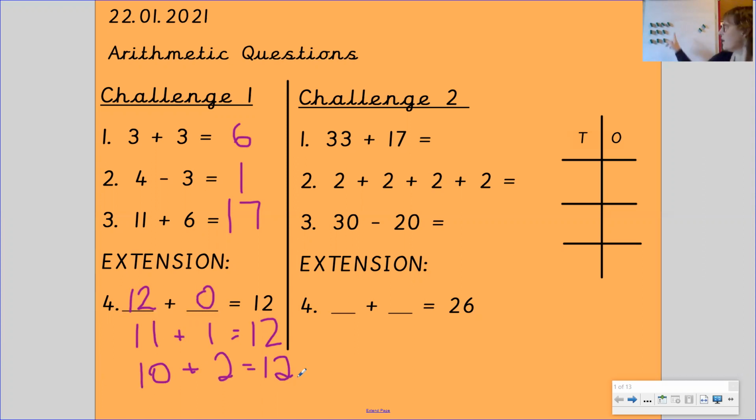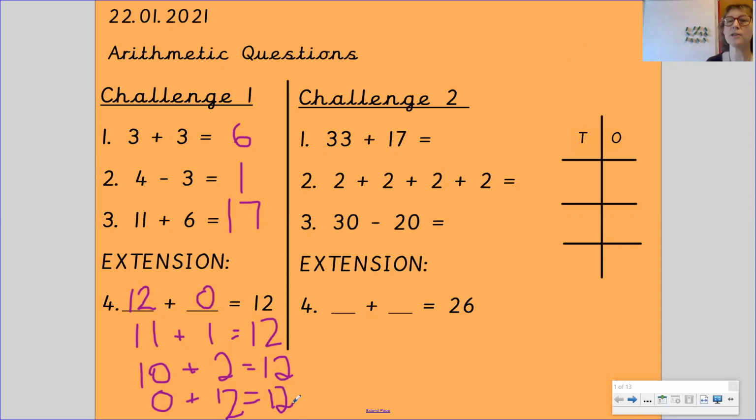What would happen if I took all of the ones from this side and put them on that side? And as if by magic, I would have none on this side and all 12 of them on that side. So I would have none on my first side, 0, and I would have the 12 on the other side.